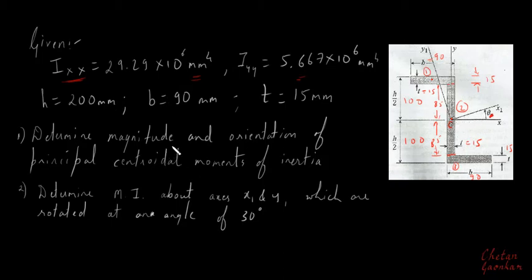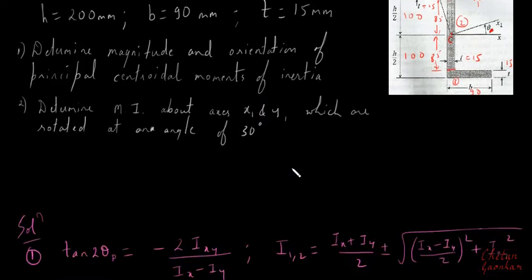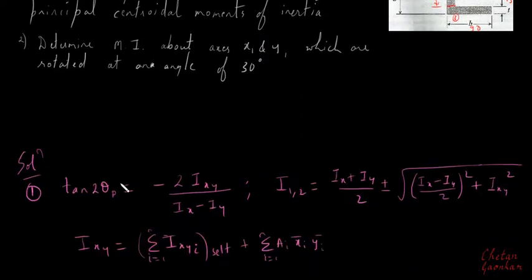So initially he has asked us to determine the magnitude and orientation of the principal centroidal moment of inertia. Now if you remember, the orientation of the principal axis can be given by this formula, whereas the magnitude of the moment of inertia about the principal axis can be given by this formula, the formulas which we had already derived in the last session.